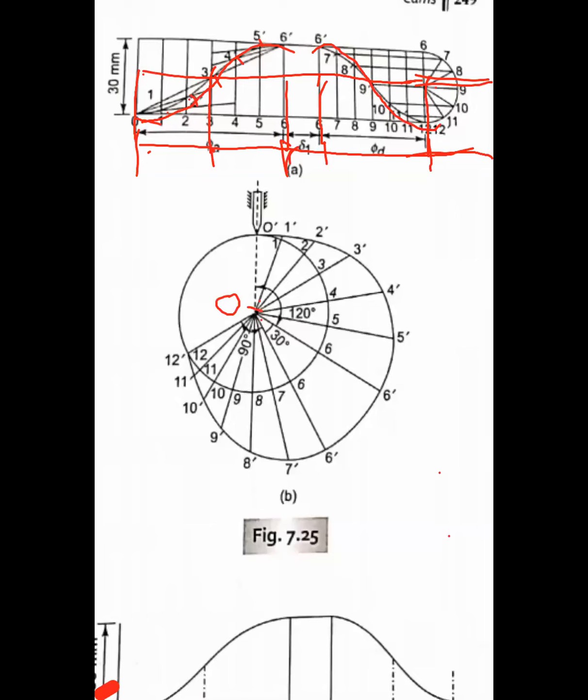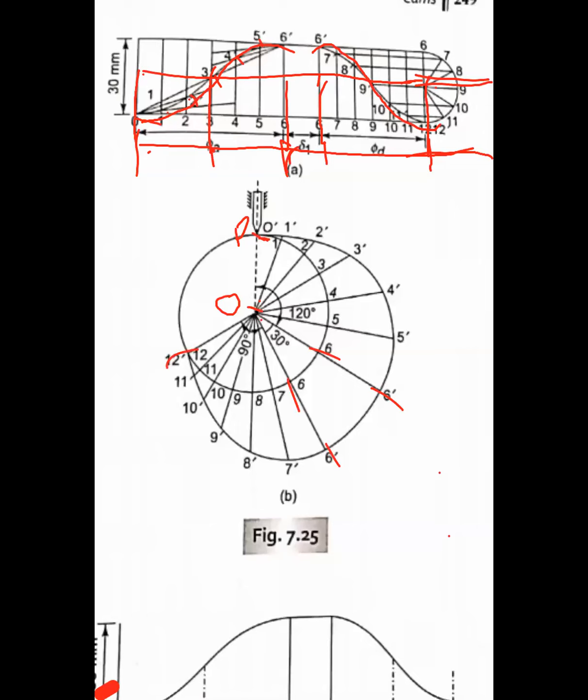Draw it, and O is there, and the contact at the base circle point is taken as P. Now take the protractor, place it on the OP line and divide our portion. So that is 120 degrees, 30 degrees and 90 degrees. Just divide it. That is our base circle place.